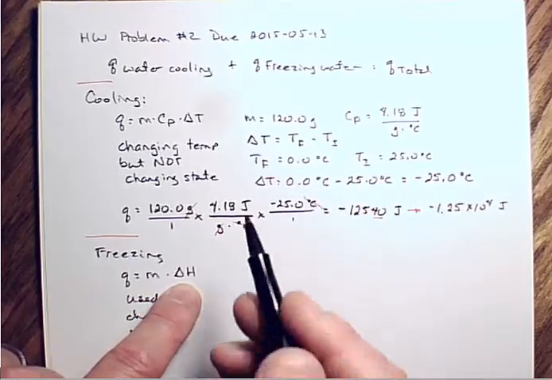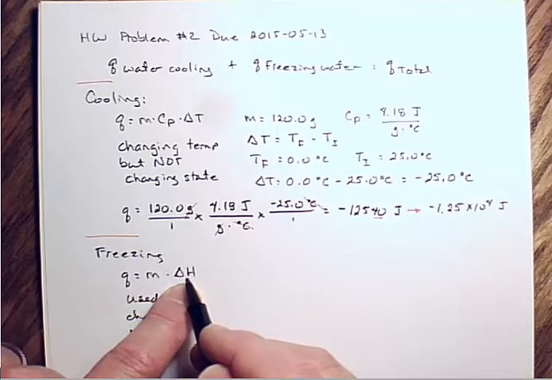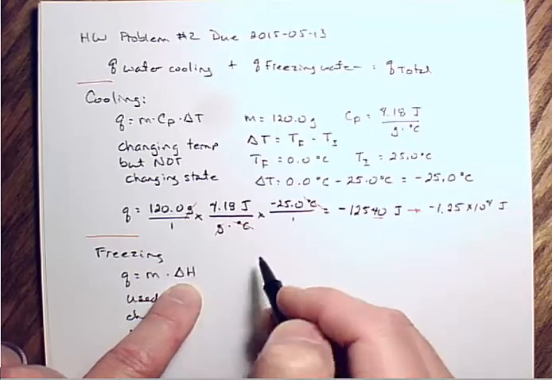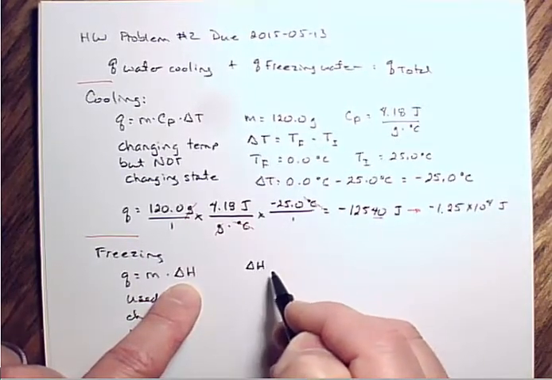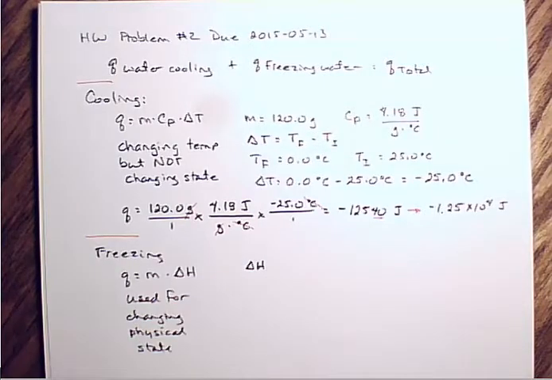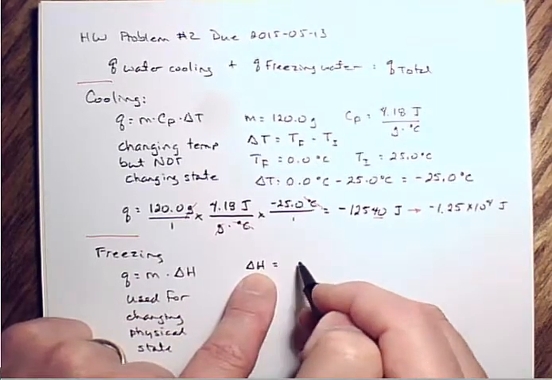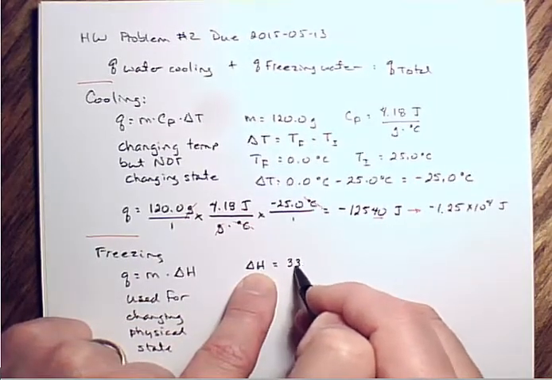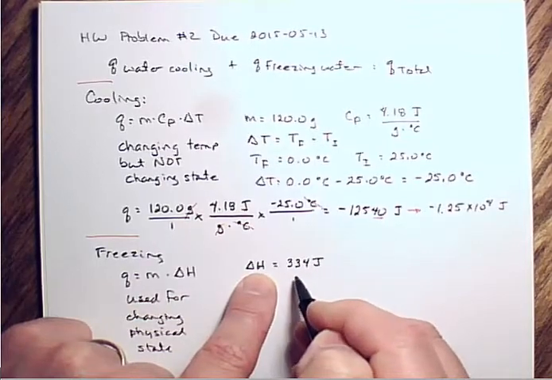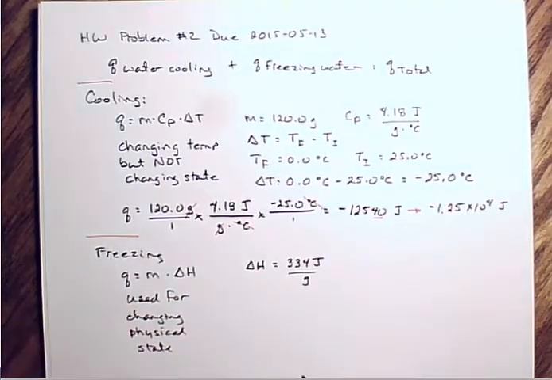All right? So for water, the value of delta H that you're going to need for fusion, and that's also true for melting. If you're freezing water or melting water, this same delta H number applies, and that's 334 joules per gram.